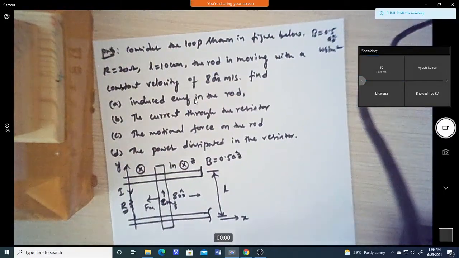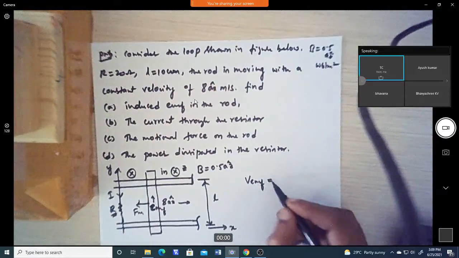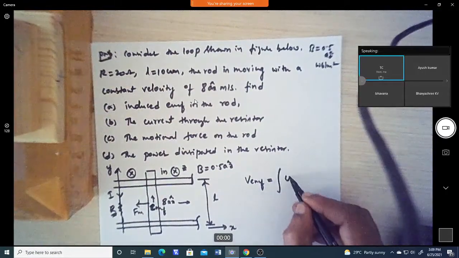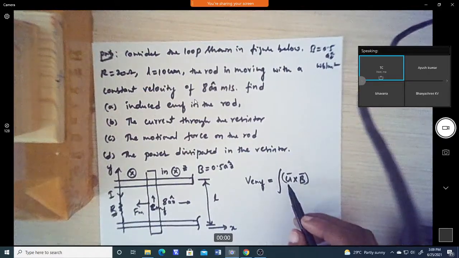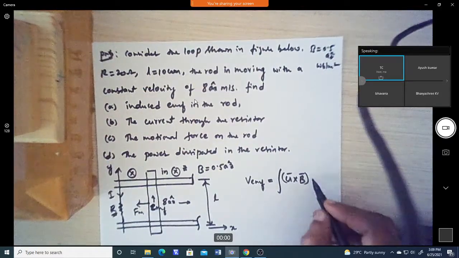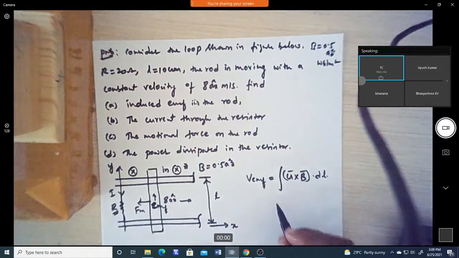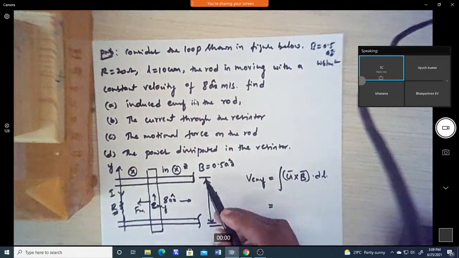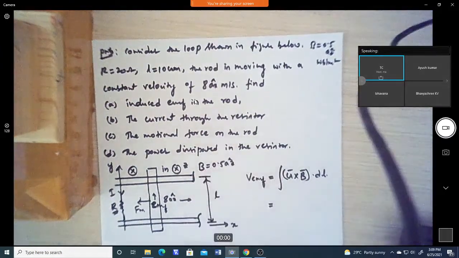So from yesterday, this scenario we have seen, so we can find out the EMF induced on the rod, which is the integral of U cross B dl, with the velocity of the rod and the magnetic field, over the differential length. The length varies from 0 to L, between these two rails where the rod is moving.